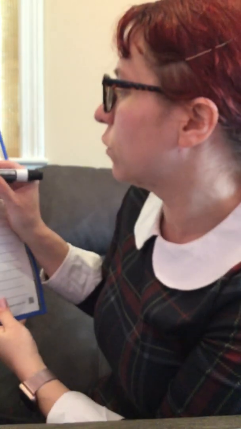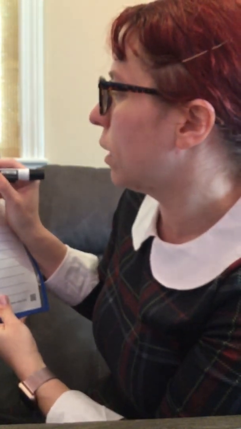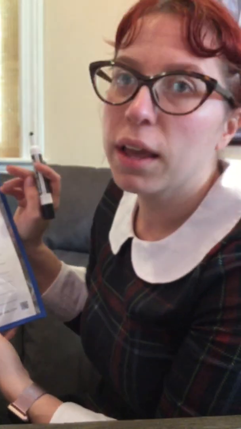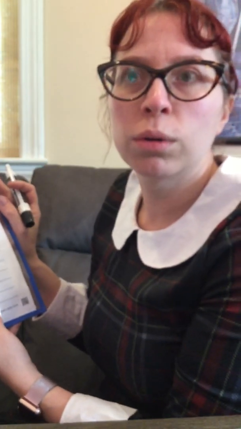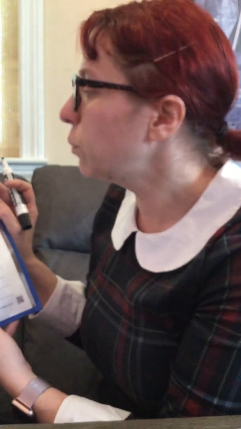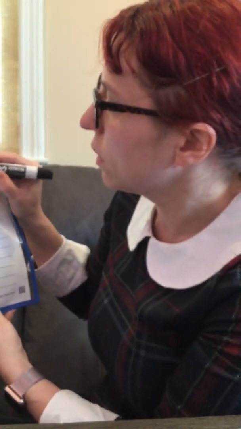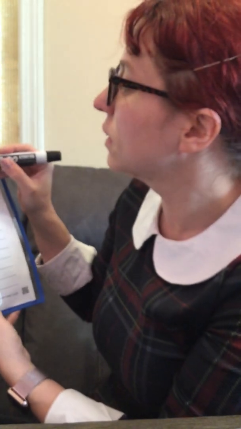Okay. 20, so 60 minus 20 is what? 40. So 40 plus 30 is 70. Uh-oh. There's no 70 minutes. There's only 60 minutes. So we add another hour. So we want to change that hour to 3. So 70 minus 60 is 10.